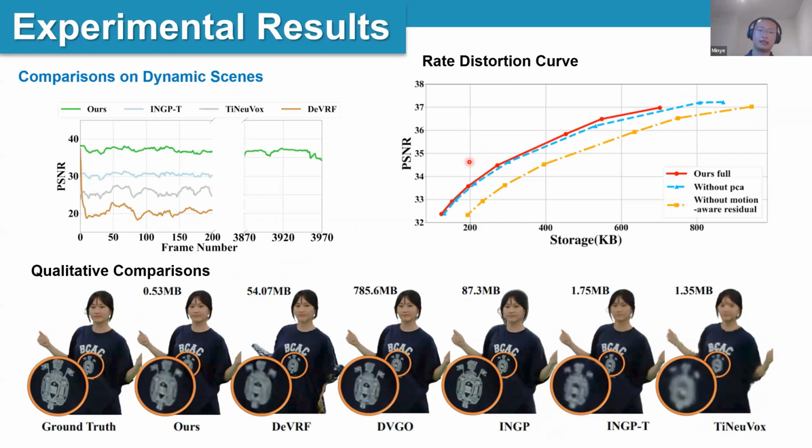In contrast, other methods exhibit noticeable quality degradation and are unable to handle ultra-long sequence data directly. The rate distortion curve on the right demonstrates that the motion-aware residual representation significantly enhances the compression rate in dynamic scenarios.